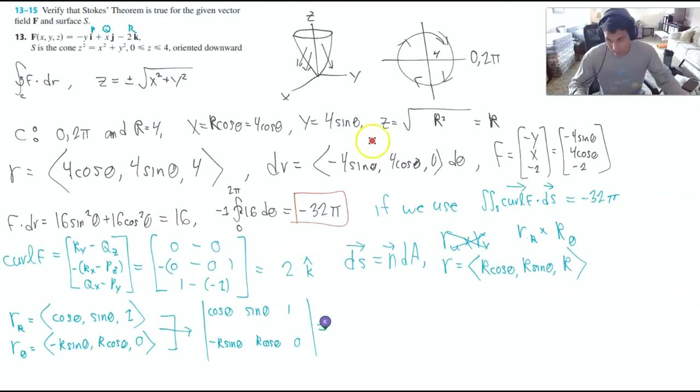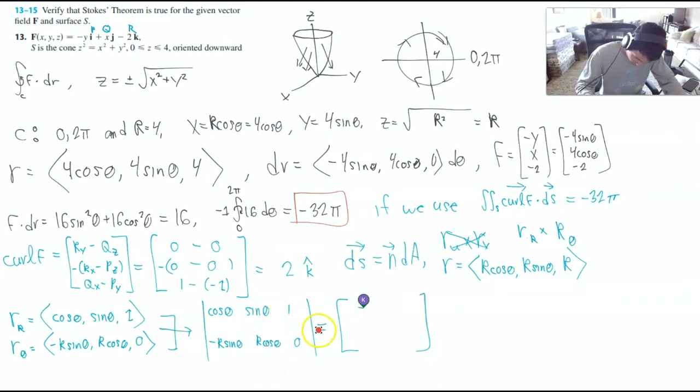And I'm going to get this vector. So it's going to be 0, and then this will be negative R cosine theta. This next one is going to be 0, and then 1 minus minus, so it'll be R sine theta. The next one's going to be this guy times this guy, cosine theta. Yeah, let me make that look like that.